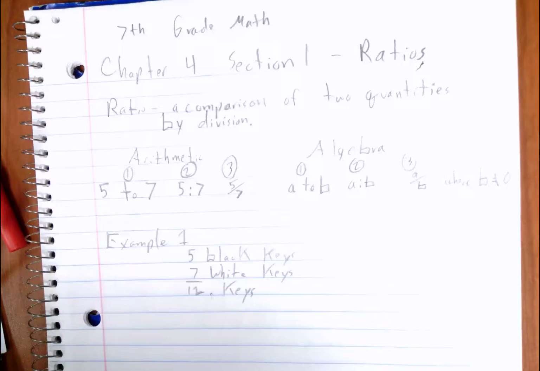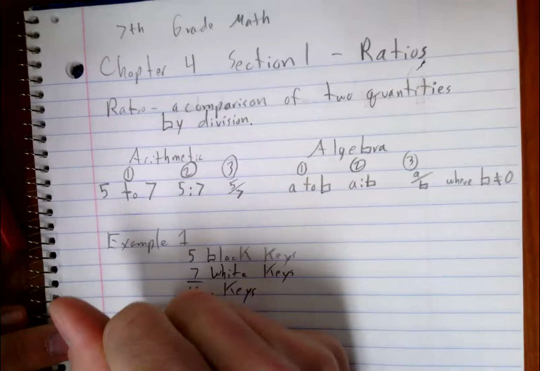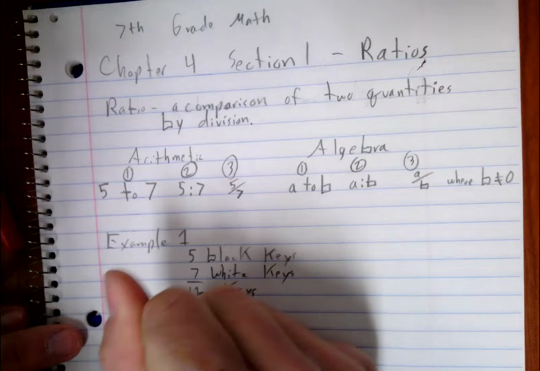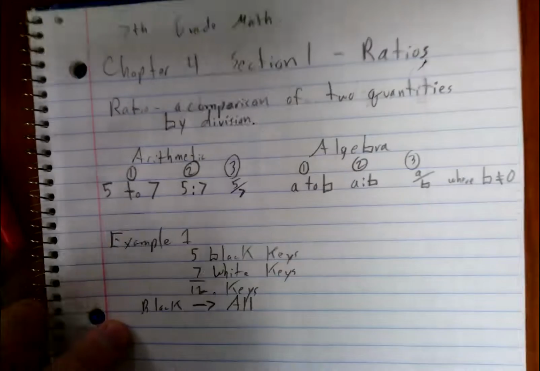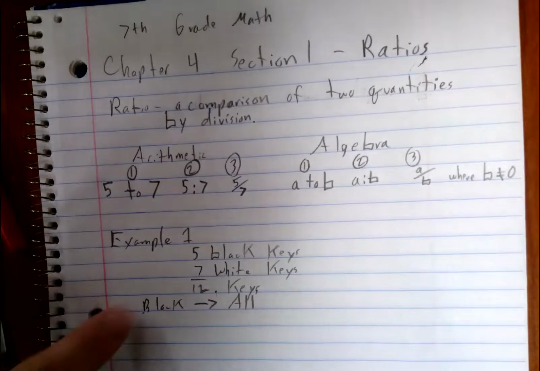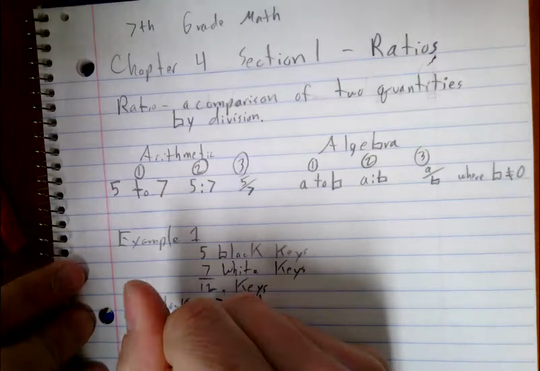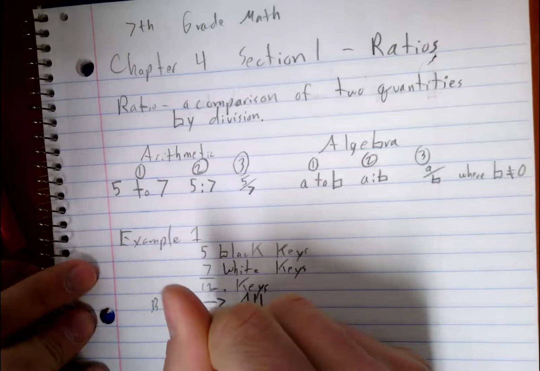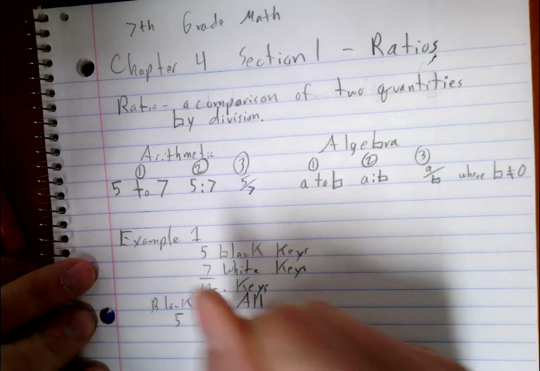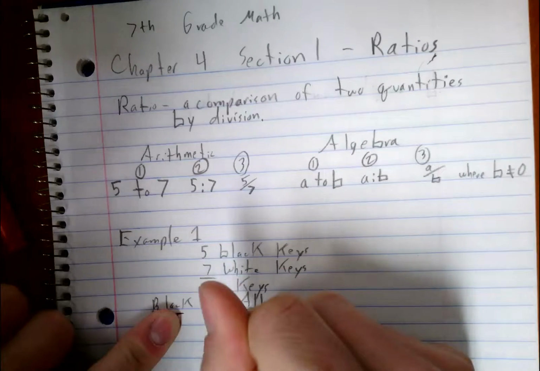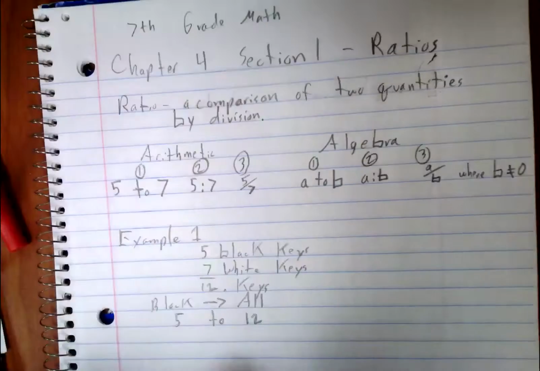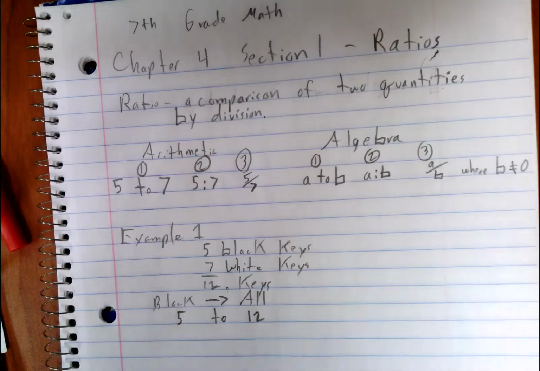So we want black to all keys. Okay. So we know that we have 5 black keys. So we're going to write 5 here. Okay. In our first way, we're going to use the word to. And how many keys do we have total? 12. Okay. So we're going to have 12 keys.